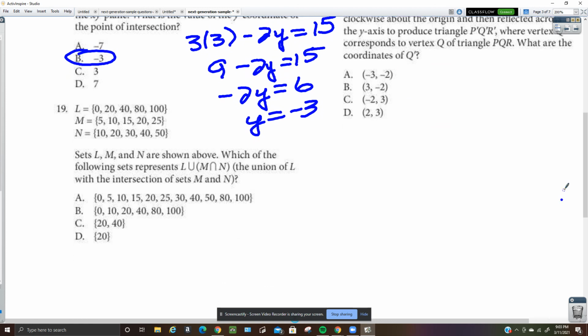Alright. L, M, and N are shown above. Which of the following represents L union with M intersect N? So M intersect N, we're going to do that first. It intersects at 10 and 20.